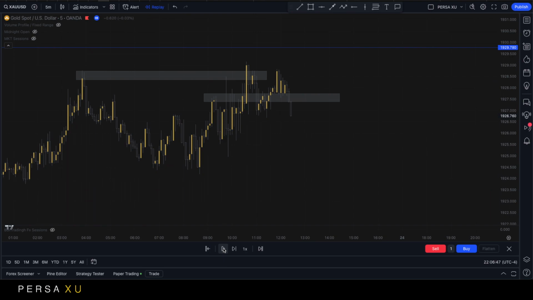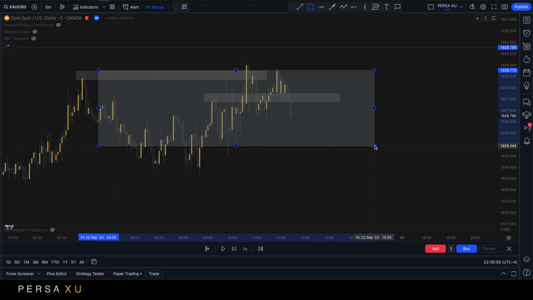These are the type of candles that we were expecting and that we like, because this was our entry range. All of this is our short entry range.